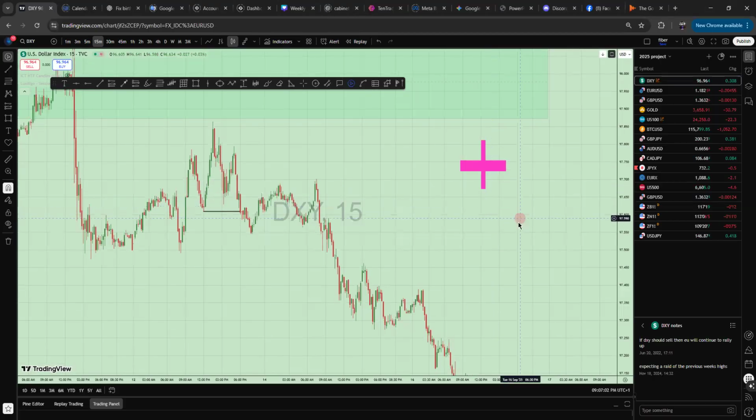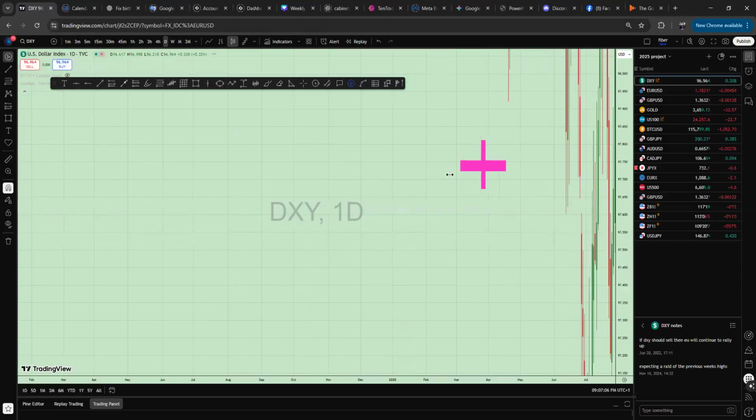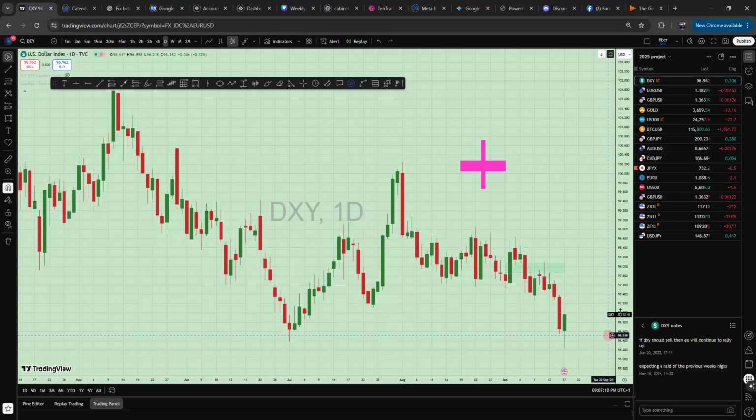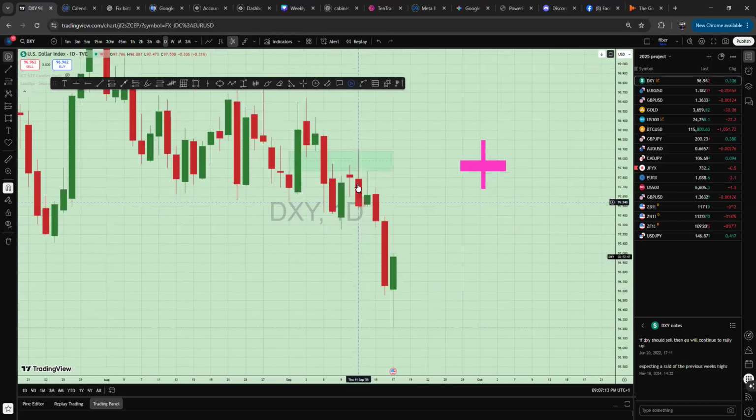The moment you see a particular candle on the higher time frame, like for example, the weekly, the daily that we just saw right here, which I said we had a bearish engulfing, the moment you see such a candle forming at a key level, you already know that the following days are going to be bearish. The following days are going to be pushing to the downside.